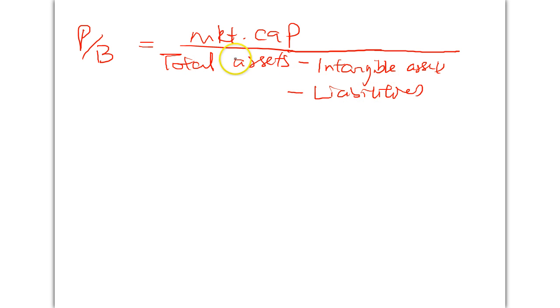So in short, this equates to our equity. So the PB ratio is calculated as this.